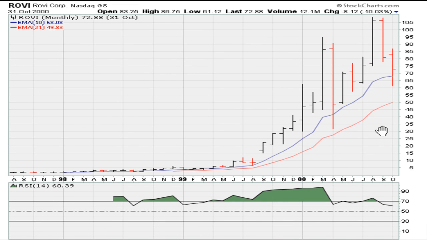Take a look at ROVI. The stock had a nice run sometime here in '99 from about $5 all the way to about $100. Very nice run. But now we are looking at the other side of the trade, and it's very close to breaking to all-time lows, also to 3-year lows. All-time lows on the RSI, 3-year lows on the RSI is a red flag.